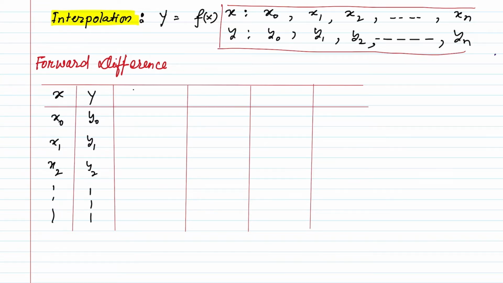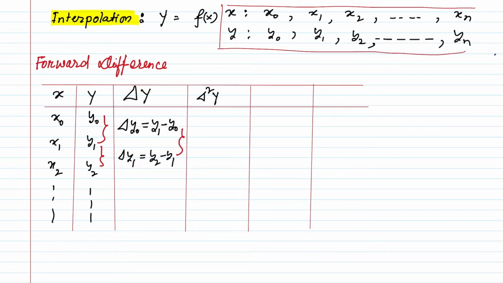The first forward difference is represented by del y naught, that is equal to y1 minus y naught, and similarly we get del y1, given by y2 minus y1. The next difference will be denoted by del square y.